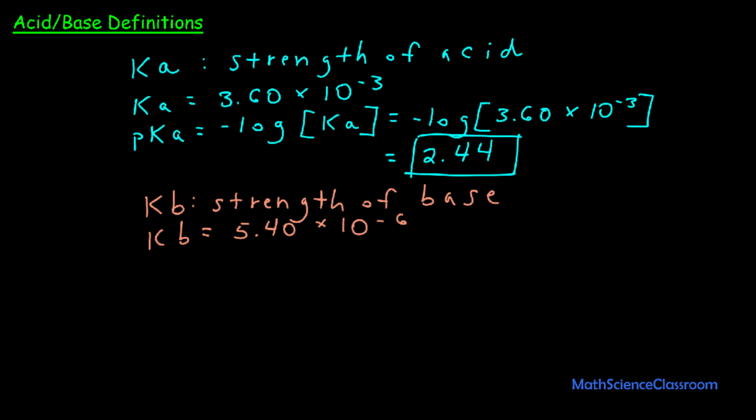We would find the pKb by calculating the negative log of the Kb, or 5.40 times 10 to the negative 6th. Put that in your calculator. And the pKb equals 5.27.